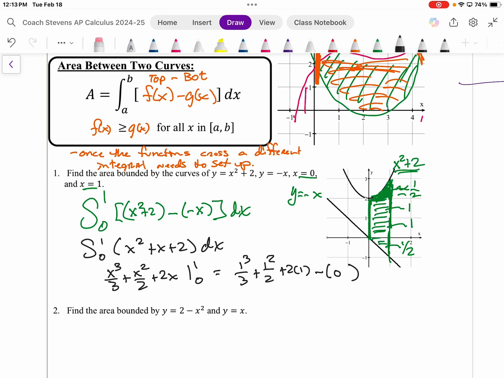So I just got to figure out, okay, what is 1/3 plus 1/2 plus 2? So that would be 2 5/6, which is just a little less than 3. So it was right around that 3 mark that I was talking about. That would be 17/6 if we were doing improper fractions. So there is my exact area.